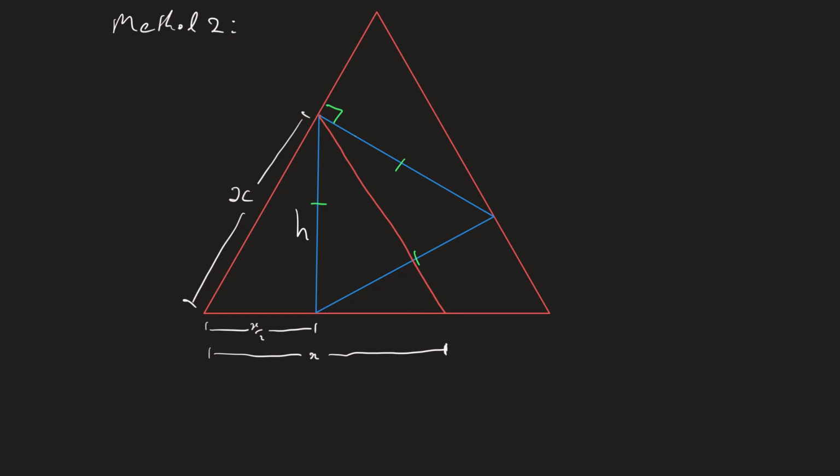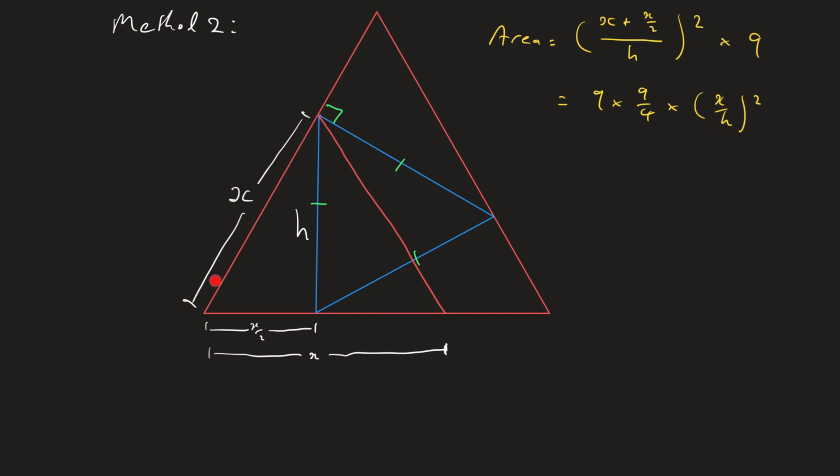Alternatively, we simply say that if this length from here down to here is x, then we just measure from here out to here a distance of x, and we join up these two points here. By symmetry, the distance from here to here is the same as the distance from here to here. Indeed, on the previous page, we explained why all these three triangles here are the same triangle.